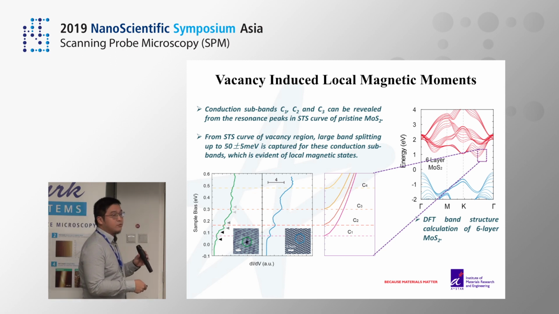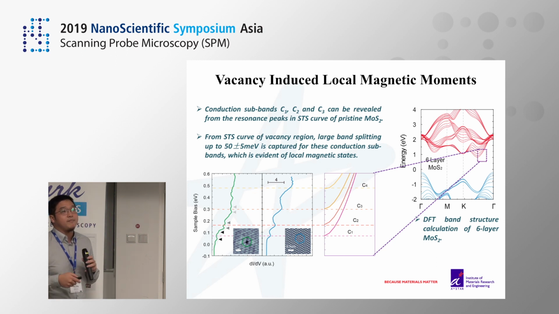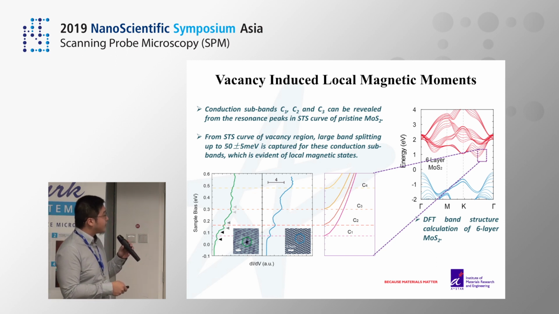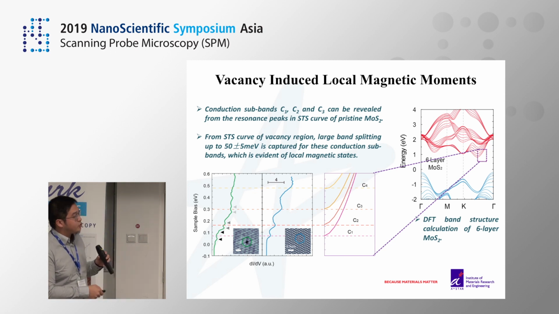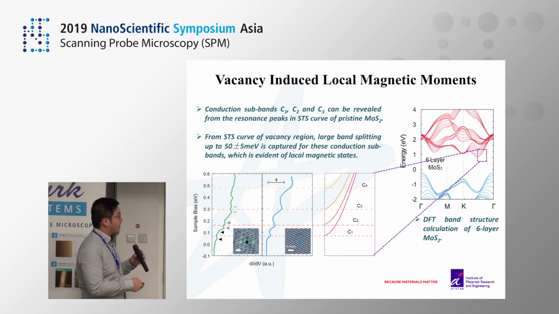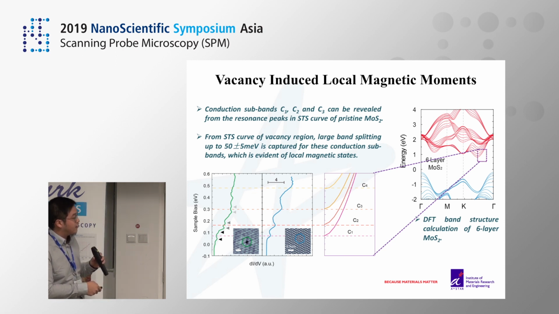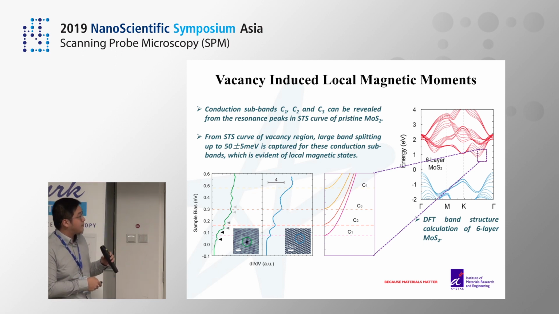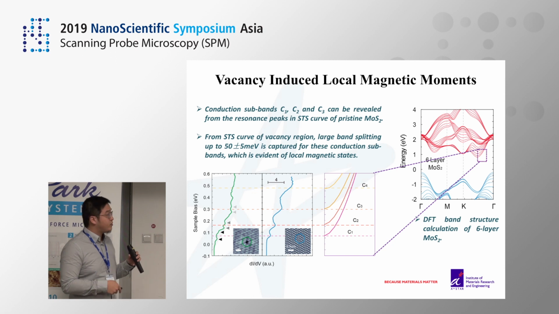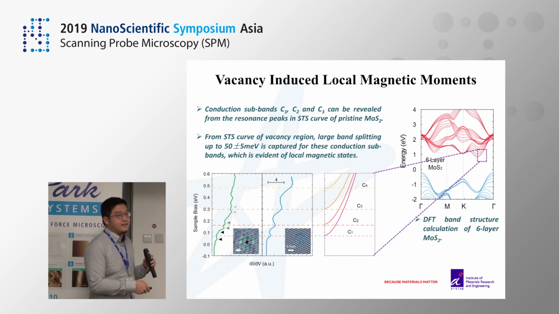For pure MoS2, we know that it is not a direct band gap, so the conduction band minimum is located at the lambda point. This subband structure can be revealed by the resonant peaks in the STS spectrum. When we perform STS at those defect regions, we find that those subbands show a large splitting, up to 50 meV, which is strong evidence of a local magnetic state.